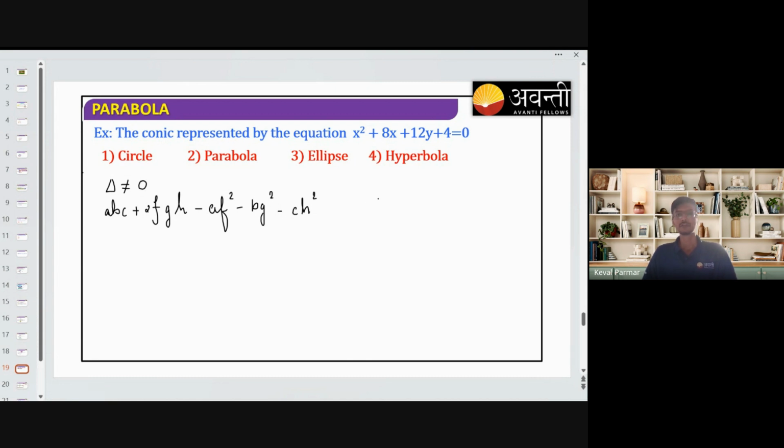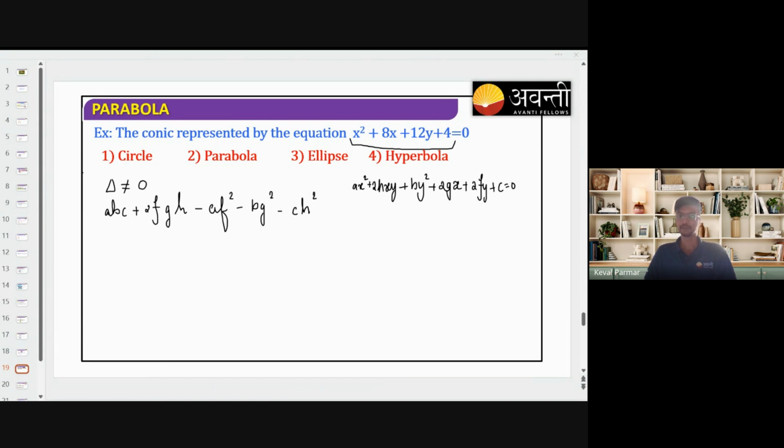Okay. So let us compare this equation with our equation. What was it? Ax square plus 2hxy plus by square plus 2gx plus 2fy plus c equals 0.